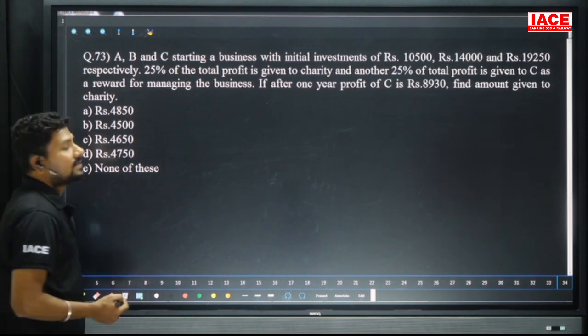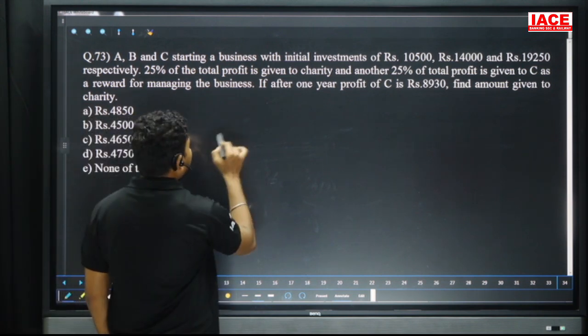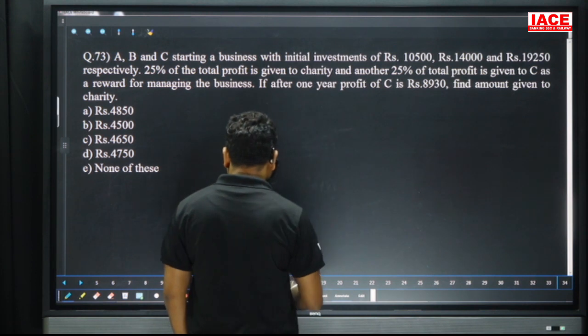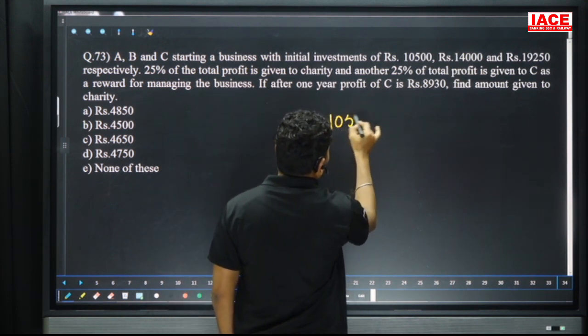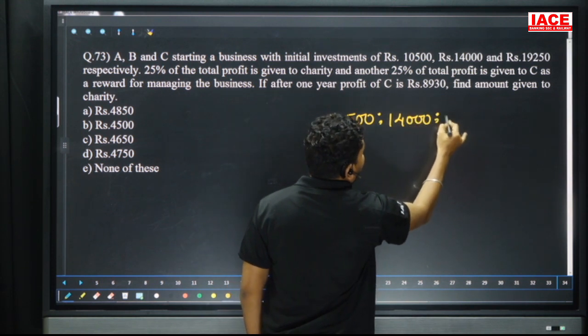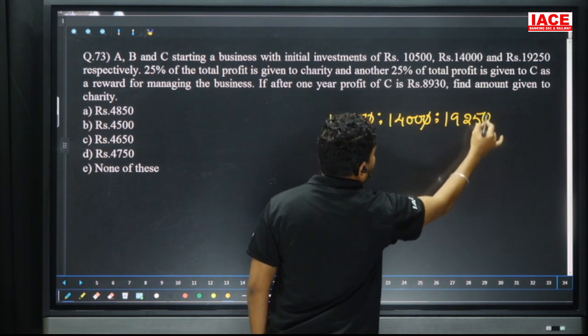Next, question number 73. ABC start a business with initial investments 10500, 14000 and 19250. So we take the values 10500, 14000 and 19250 and cancel the 000.